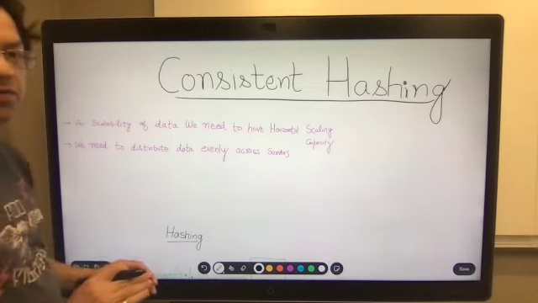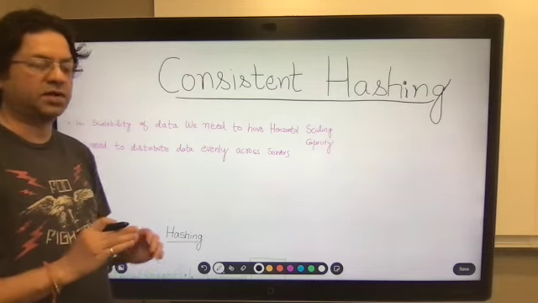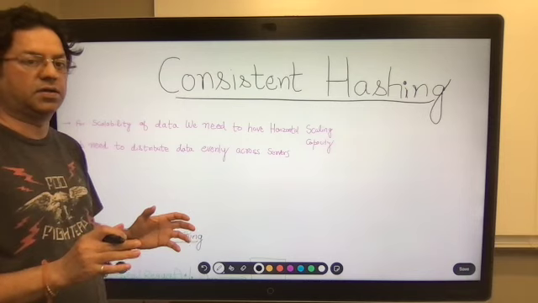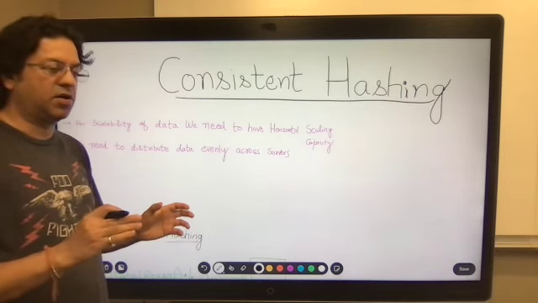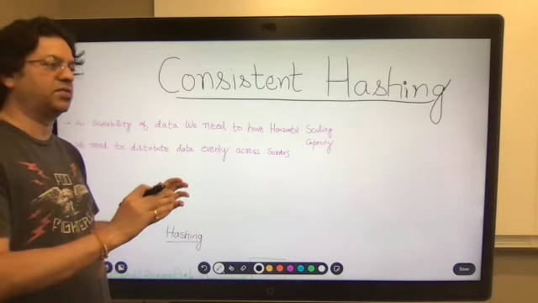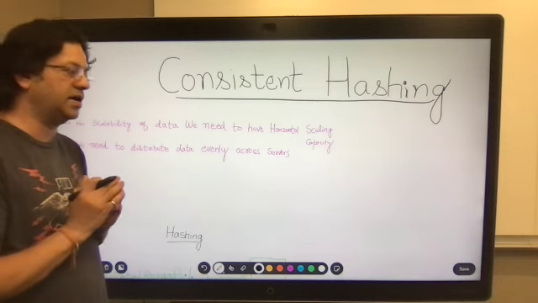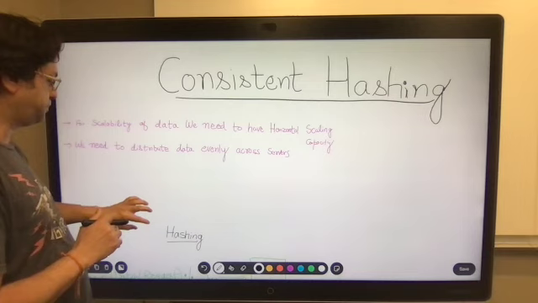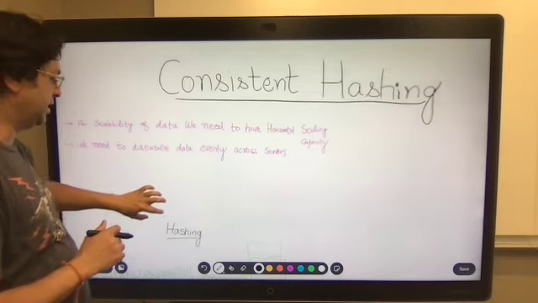That is also one of the main requirements, that we should be able to evenly distribute the data, and not have all the requests coming only to one server while other servers are idle. So these are the two main scaling needs.